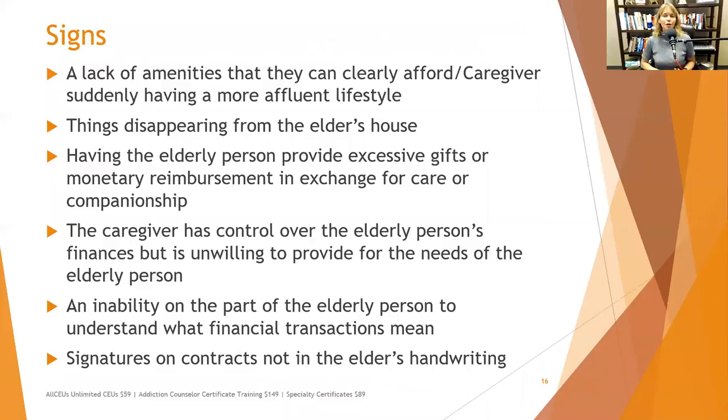If the elderly person provides excessive gifts or monetary reimbursement in exchange for care or companionship. Especially elders who aren't familiar with financial matters may not be aware of what the going rate is, and they may be easily convinced that even if the person's getting paid the going rate, that it's not enough, and they may have a soft spot.